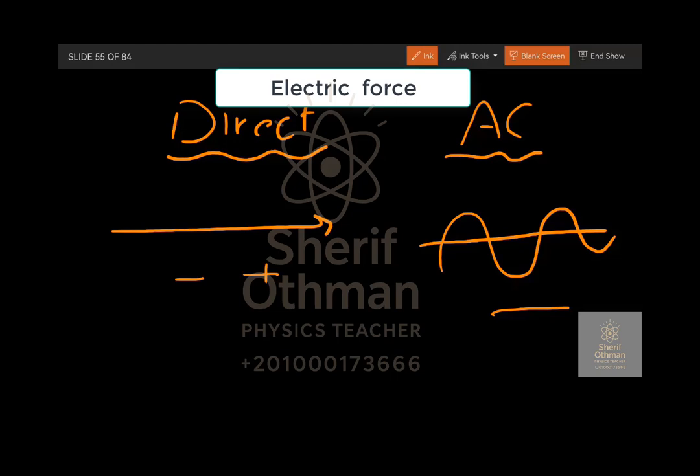But in our sets, we just use 3 volts, 9 volts, 12 volts, depending on the set itself. The alternating current can handle high voltage with low ampere for a long distance, while direct current can handle high ampere with low voltage. So AC is suitable for transferring from the power station to our homes, while direct current is not suitable for that.